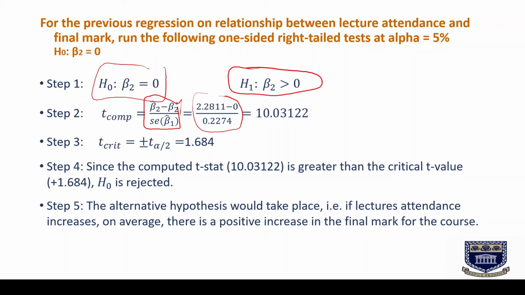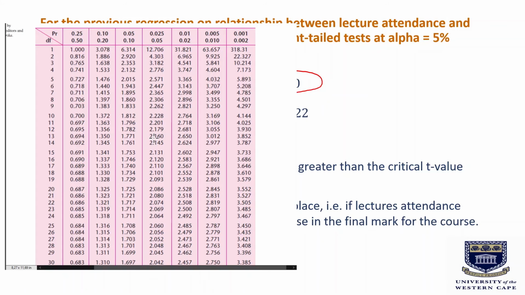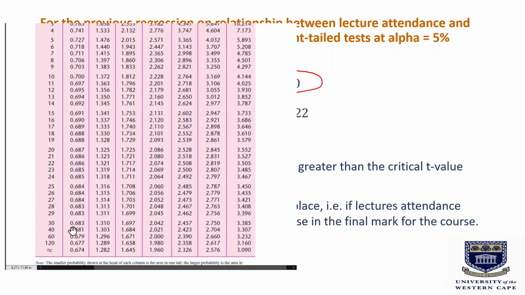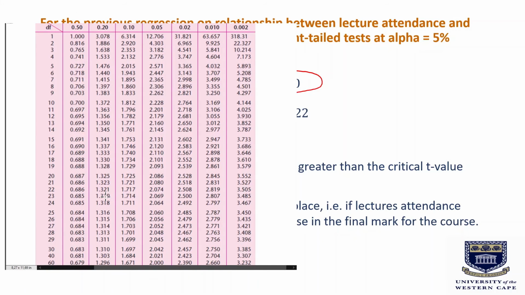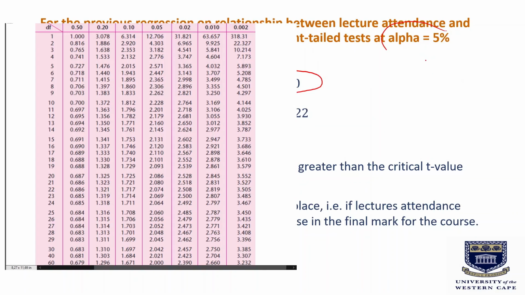Then in step 3, we look up the critical value. To do that, we go to the t-table. In this case, we had a sample of 42, I believe, so the degrees of freedom is 40. And we are doing a right-tail test at significance level 0.05, that is, alpha equals 0.05 in this case.